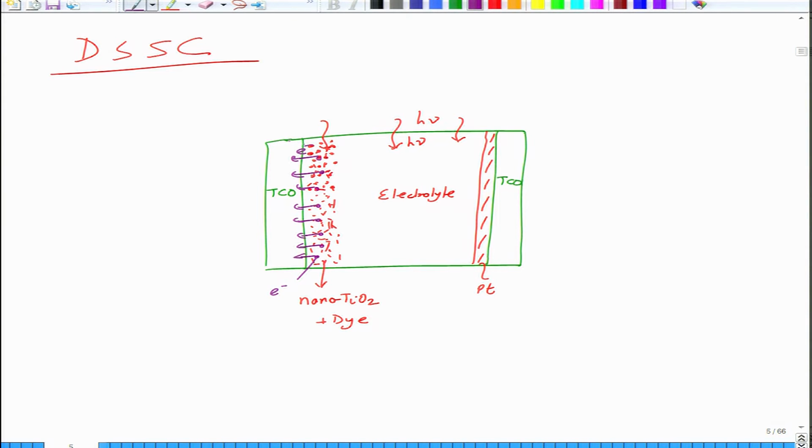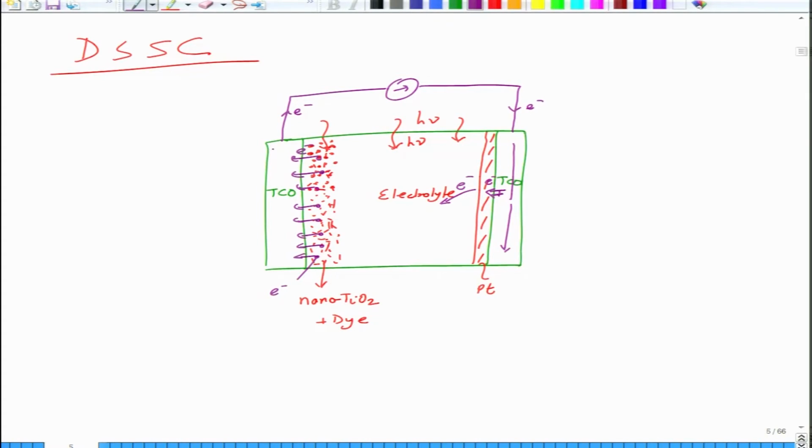The electrons then go to the other electrode, and from this side the electrons move to the other side, and then we have electron transfer happening here, so that they regenerate the dye. So there are various components here: electrons are produced here and they are consumed here. This is the whole process, and the dye undergoes excitation as well as regeneration.